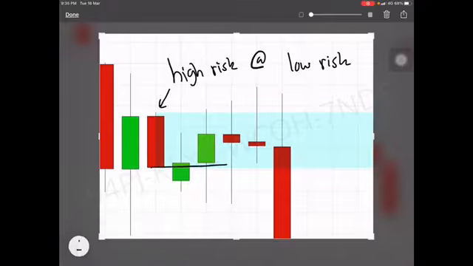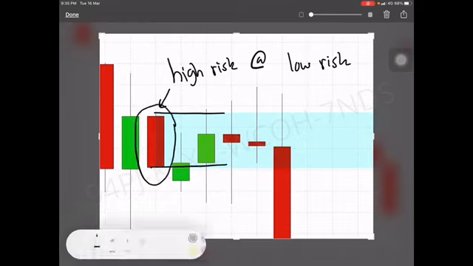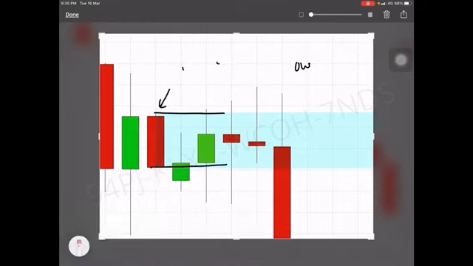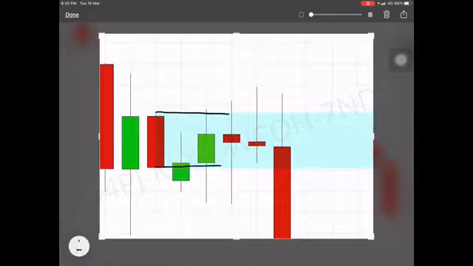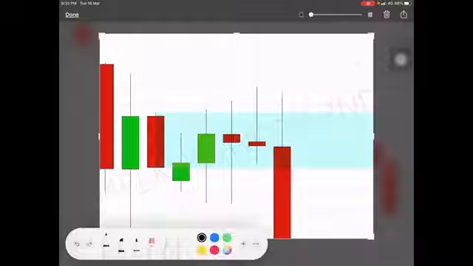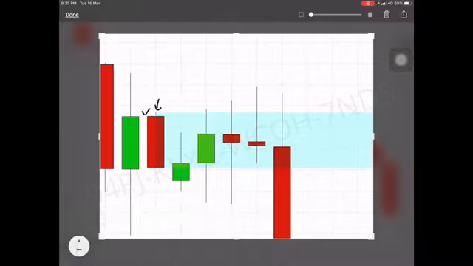Look, it has consumed the rest of this. So this is a low risk. Look closely, this is a low risk area. The shadow has been consumed by this one.